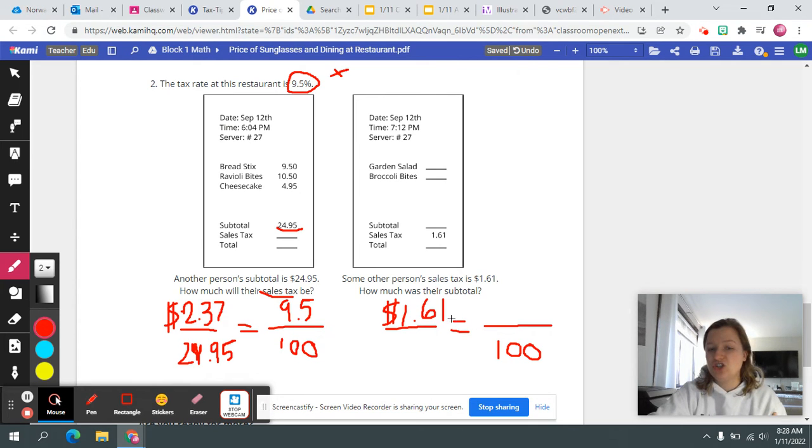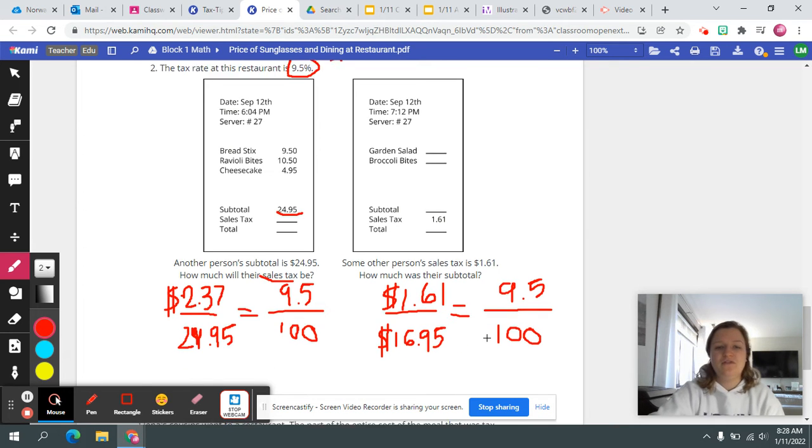Well, we said sales tax should be 9.5%. And I'm trying to figure out what the subtotal was. So very similar to this one, we're just looking for a different piece of the puzzle here. So 1.61 times 100, and then I divide that by 9.5. And I get about $16.95 if I'm rounding.